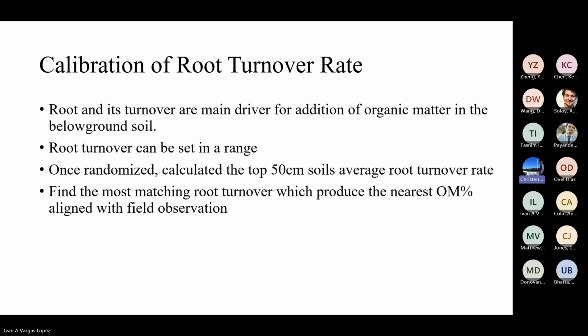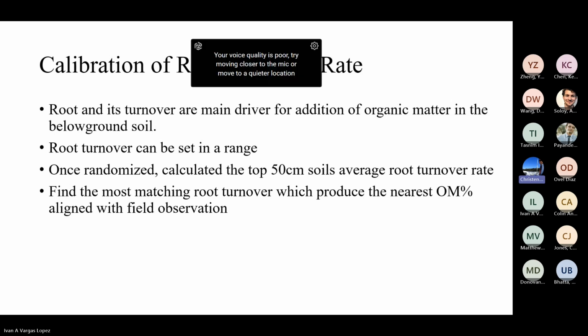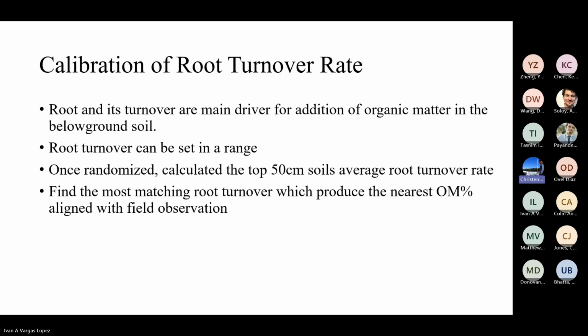We just set a range, 0.04 to 3.22, the lowest and highest, and did some Monte Carlo simulations, and then calculated the top 50 centimeters organic matter percentage, and then saw which value for root turnover rate actually matches very near to the field's measured organic matter percentage.